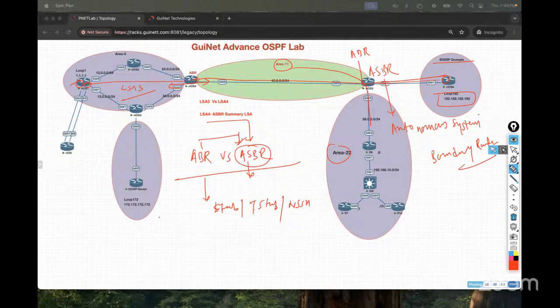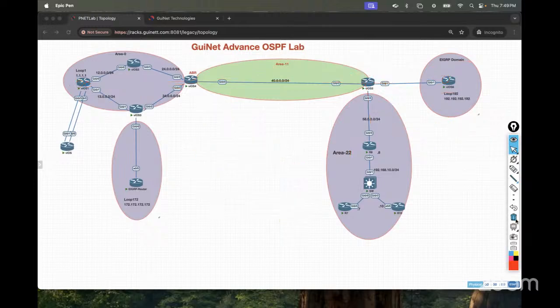Okay, so let me move further to the next LSA type. Now we understand LSA 4 and LSA 3 as well. What is the next one? Let me write the next one. We have LSA 5, sorry guys, and this is known as the external LSA.